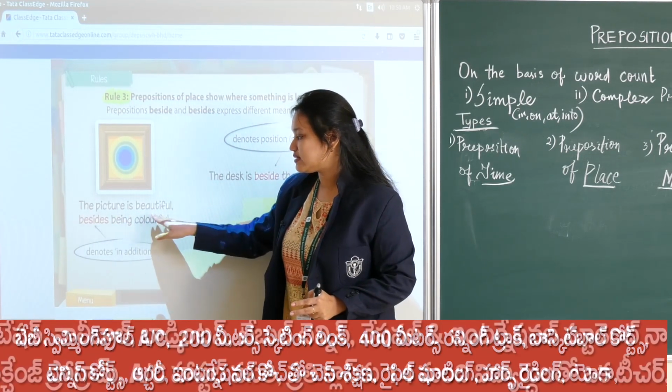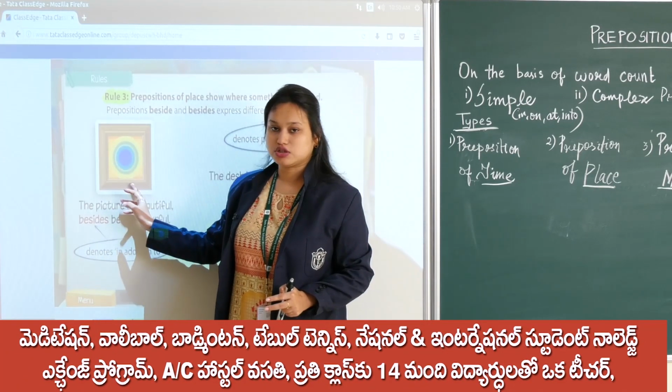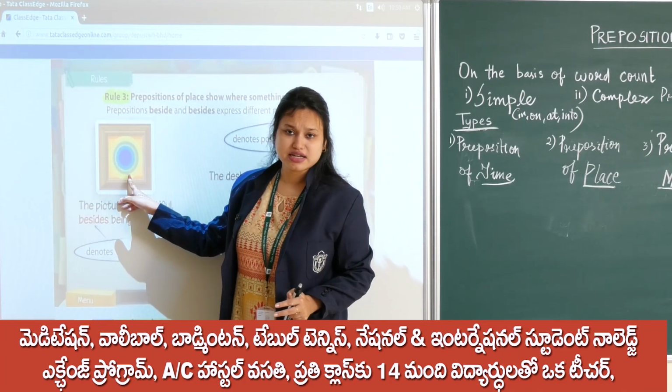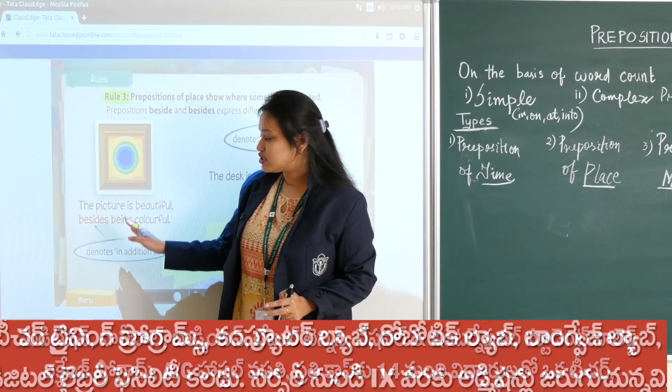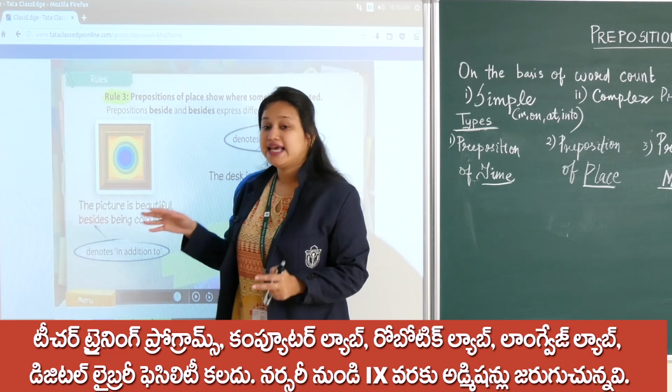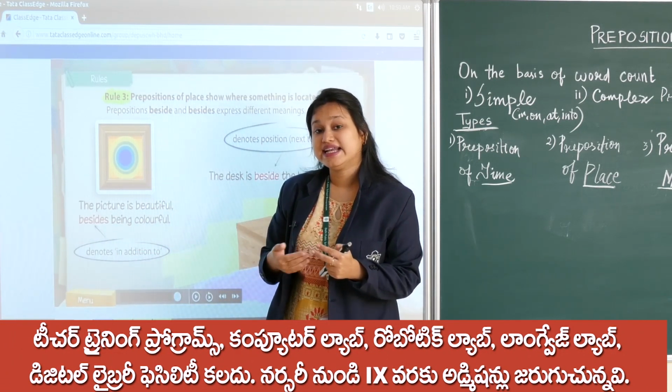The picture is beautiful besides being colorful. Look at this picture, multiple colors are there, and it is beautiful as well. So what is it saying? Besides means in addition to.